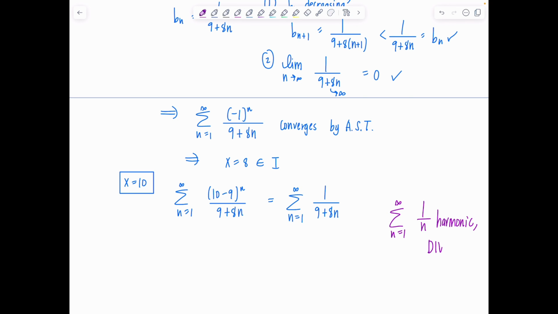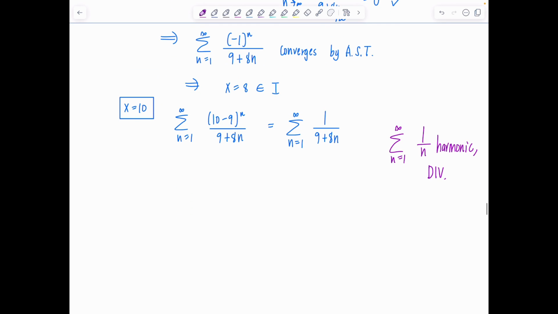and it diverges. So usually you're going to use either direct comparison or limit comparison test when you have something very similar to a p-series. I can't use direct comparison because 1 over 9 plus 8n is actually a wee bit smaller than the harmonic series. Why do I say that? Because here I'm multiplying by 8 and adding 9, so this denominator is a little bit bigger, which means all of the terms are just a smidge smaller than the harmonic.